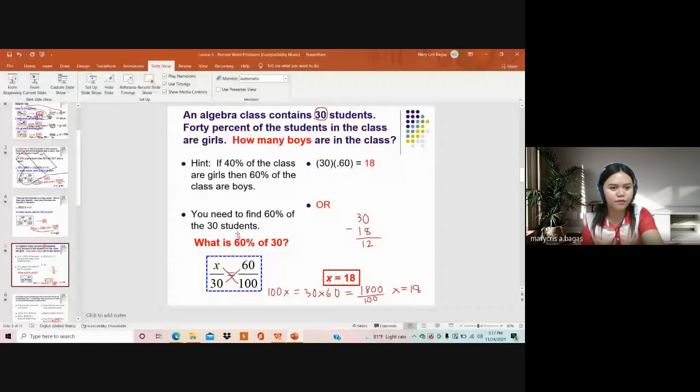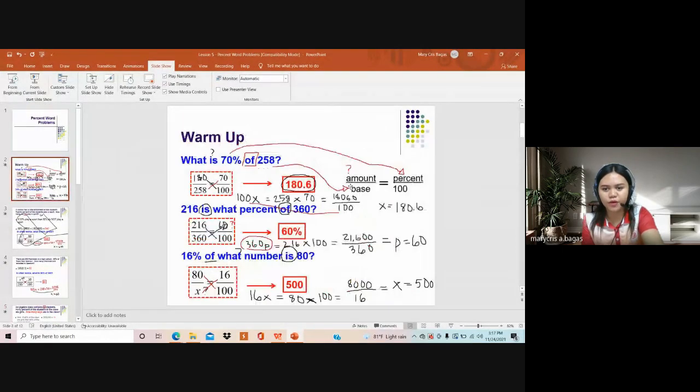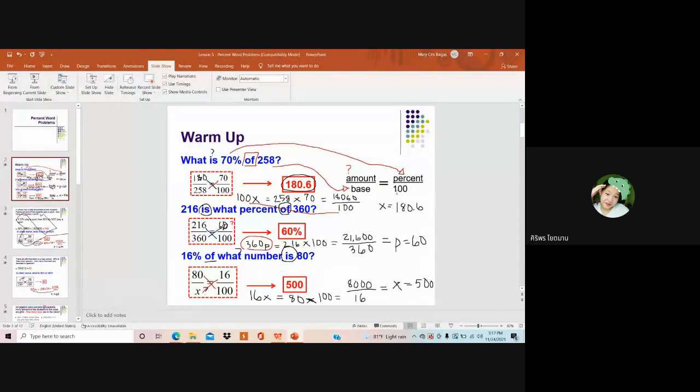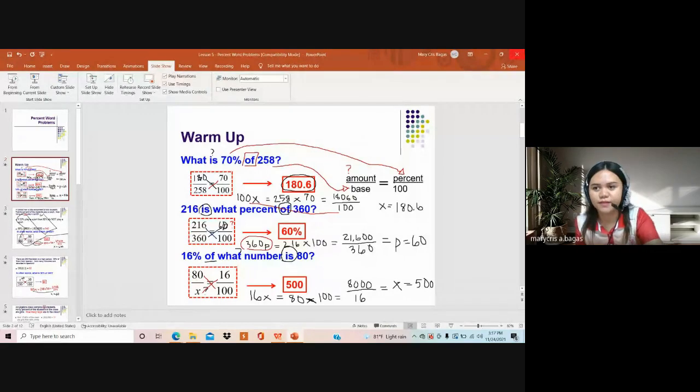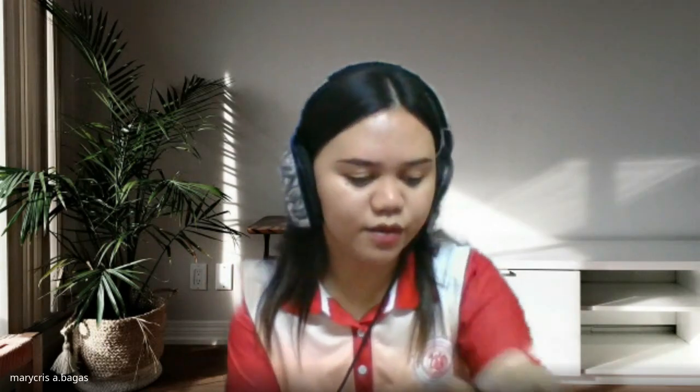Just don't forget: amount over base, percent over 100. Any question? Don't worry, next time we're going to do it again.